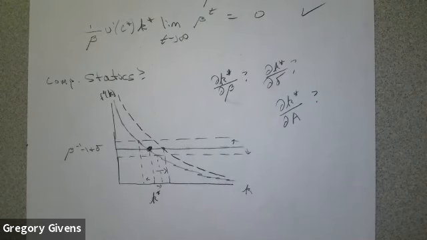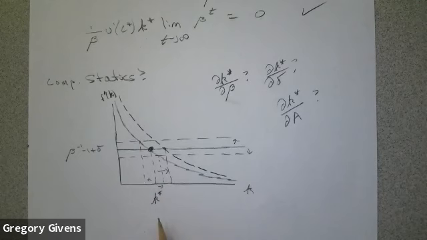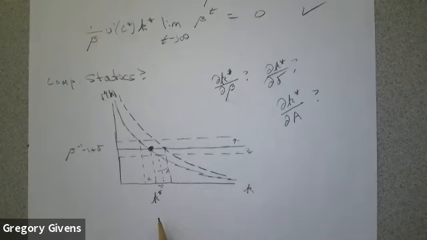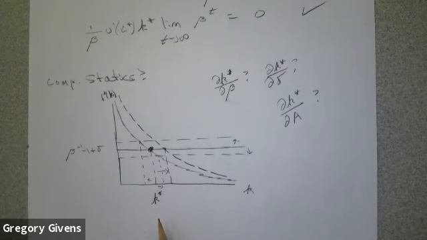So regardless if initial capital is really low or high, we should converge to K star in the long run, making the optimal growth model appear to have the same type of dynamic structure in the long run as the Solow model. So even though the optimal growth model has optimizing behavior, it's going to look a lot like the Solow model in the long run and have monotonic convergence towards a steady state.